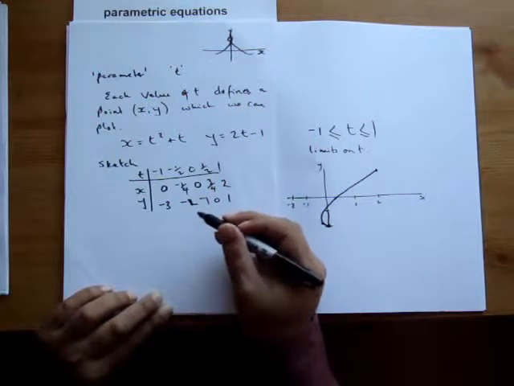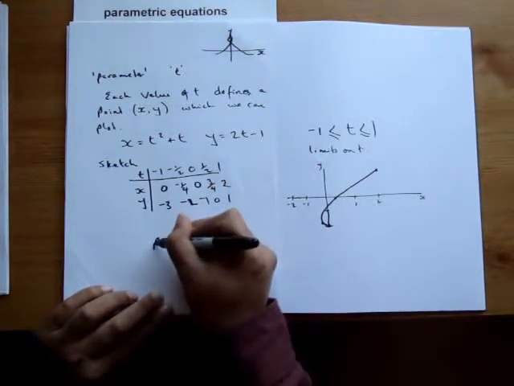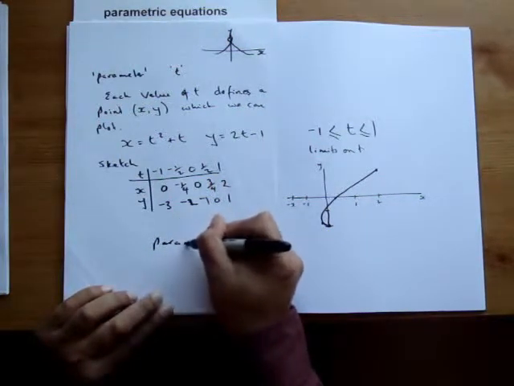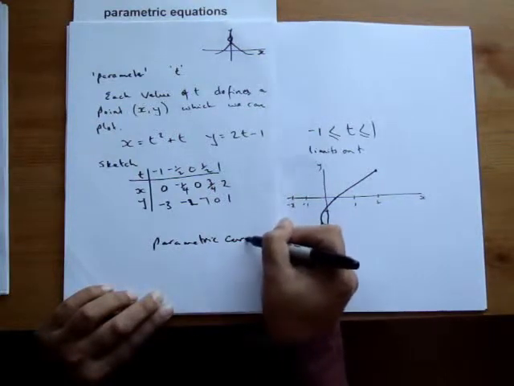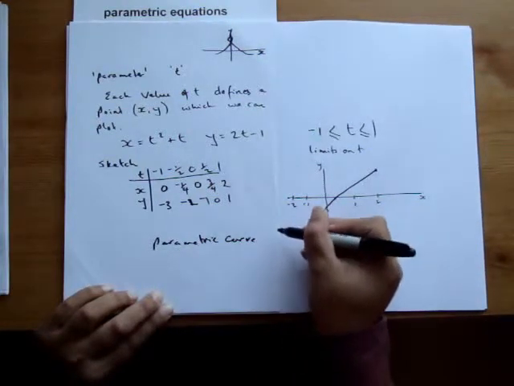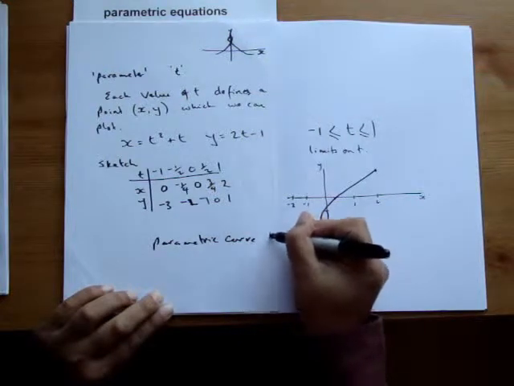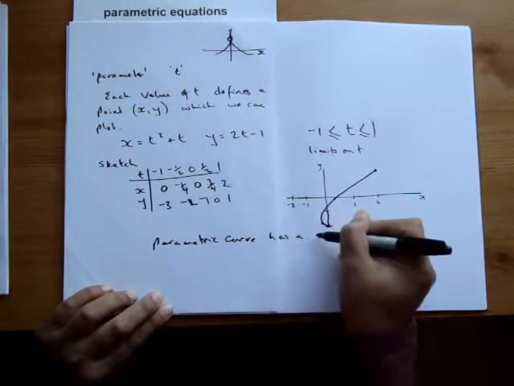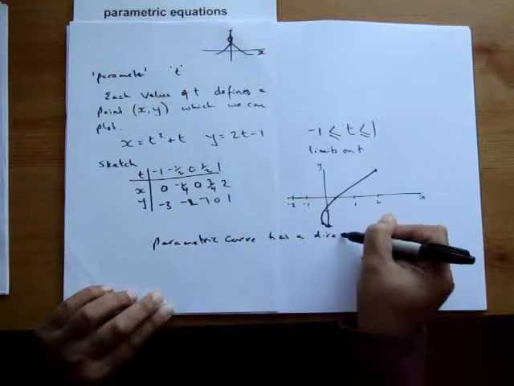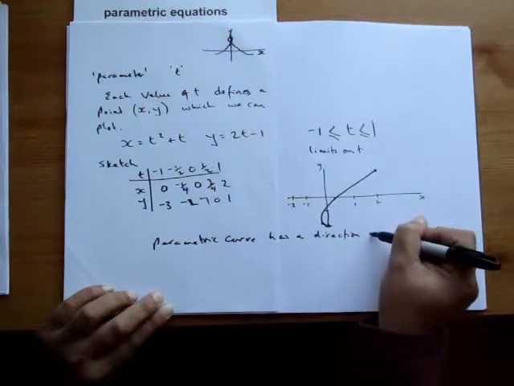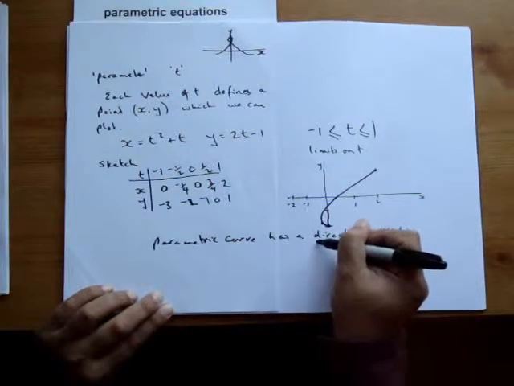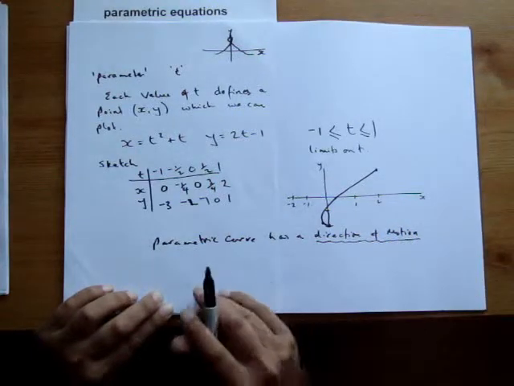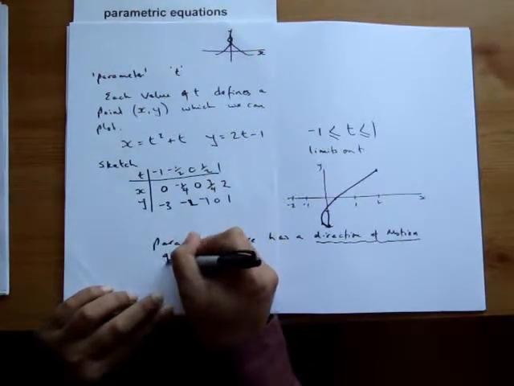Now a parametric curve has a direction of motion given by increasing t.